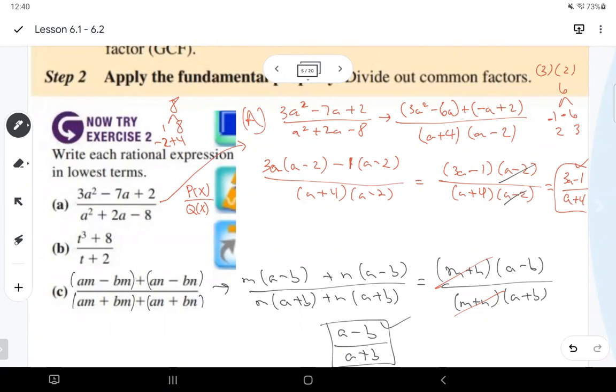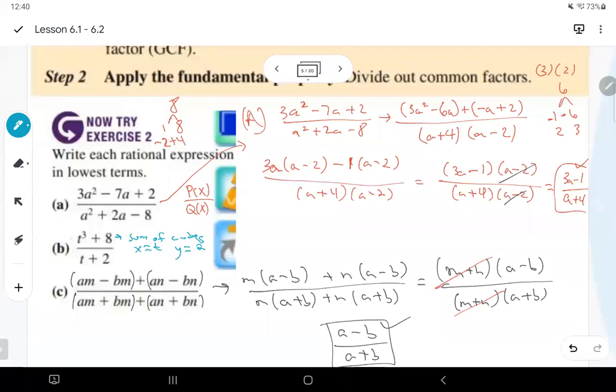All right. And then I actually think I can get B in here as well, and I'll just get rid of the extra slide. So here you need to recognize that this is a sum of cubes. So then X is equal to T and Y is equal to 2.